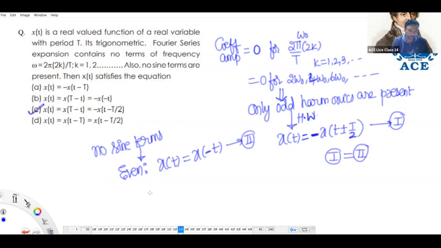What overaction this fellow has done is, normal periodicity condition is what, sir? Xt equals x of t plus T or not. There only he substituted evenness. Normal periodicity is x of t equals x of t plus T. There only he substituted t plus minus T. Then you can feel the third option.